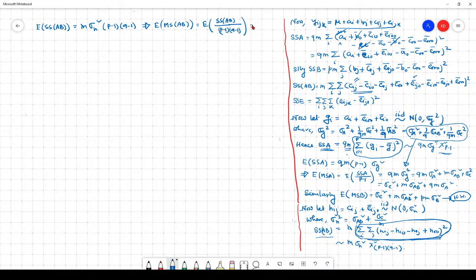So this is equal to m sigma H square. Now look at the expression of sigma H square, which is sigma AB square plus sigma E square by m. Then it should be m sigma AB square plus sigma E square.